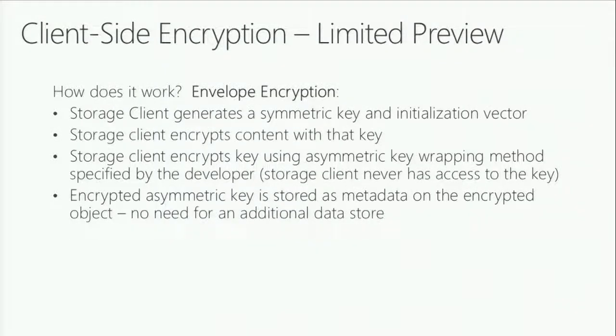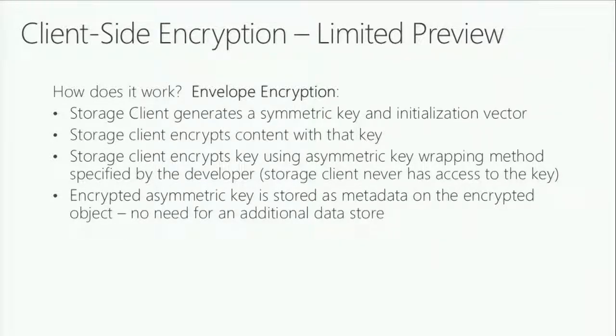We're using what we call envelope encryption. This is, again, an industry best practice. For performance, we generate a symmetric key, encrypt your data with that symmetric key, and also a unique initialization vector for each object, and then encrypt your data with that key. Then we'll encrypt your key with the asymmetric key that you provided, the wrapping method that was specified by the developer.